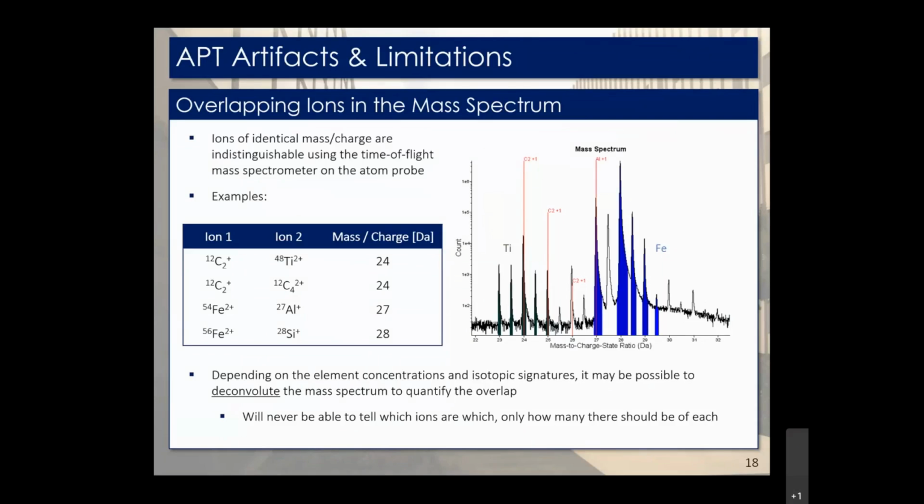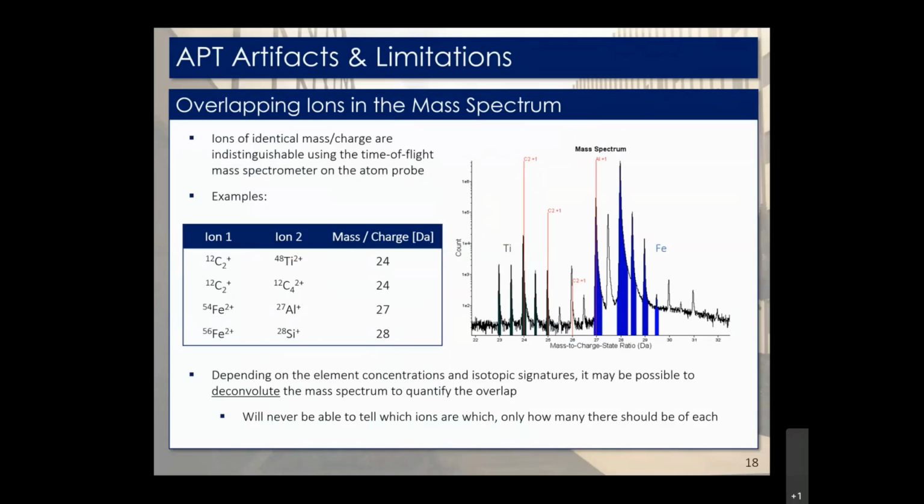The best way we have of working through this problem is by deconvoluting the mass spectrum to try and quantify how much overlap we have. That, again, is a situation where we're leaning on the natural abundance ratios. We can look at the different heights of the peaks and ask, how much do those vary from the natural abundance ratios? And can that variation be explained by the presence of another element?